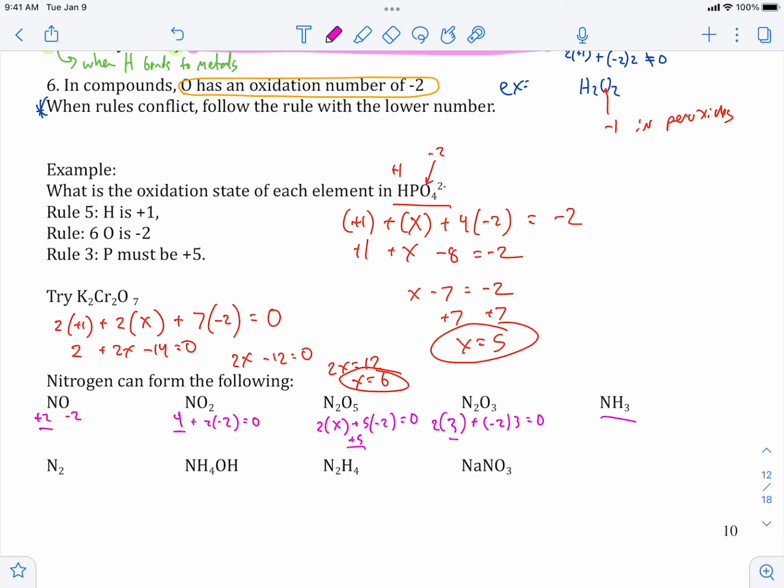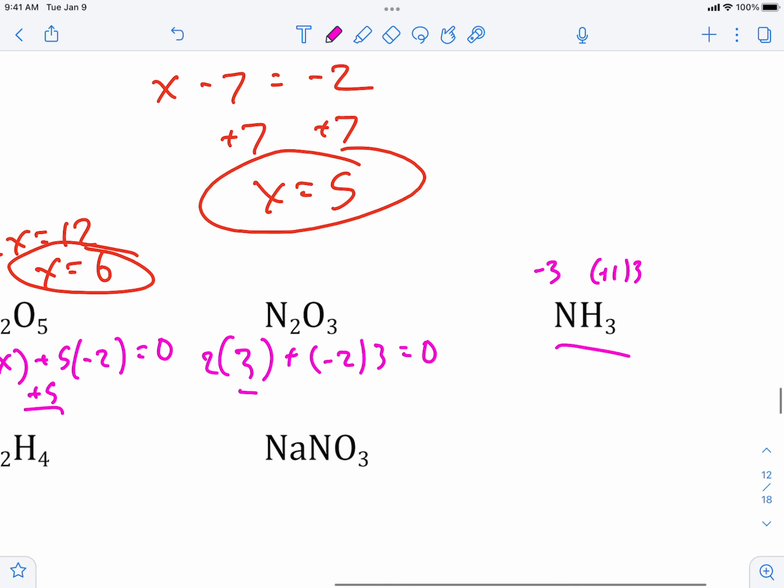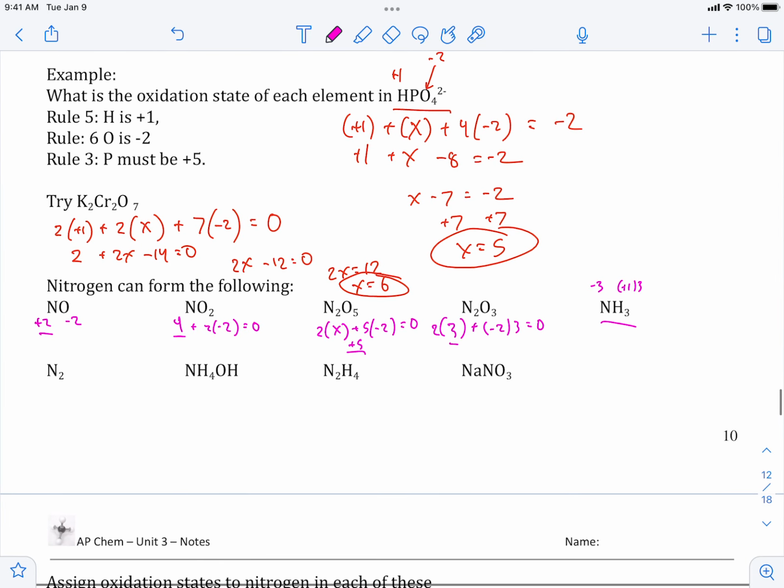How about ammonia? What's nitrogen in ammonia here, Nick? That's going to be -3. Hydrogen is +1, so -3 on nitrogen. Okay, so you get the point here.